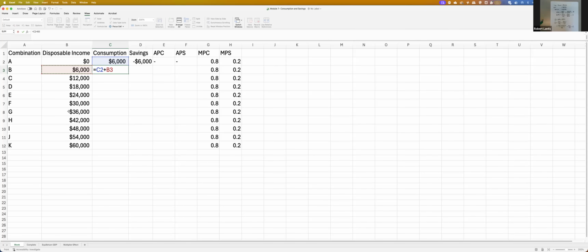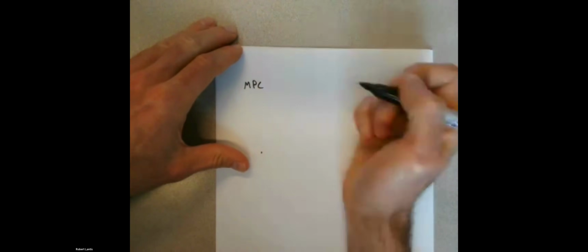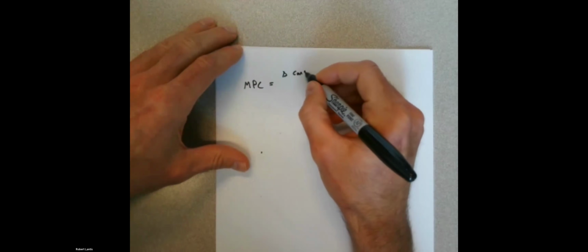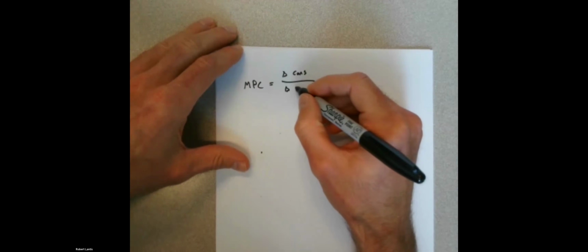So maybe a different way of thinking about this is, when I see this change in income, what will the change in consumption be? So thinking about how we calculate these marginal values, we said the marginal propensity to consume is the change in consumption divided by my change in disposable income.